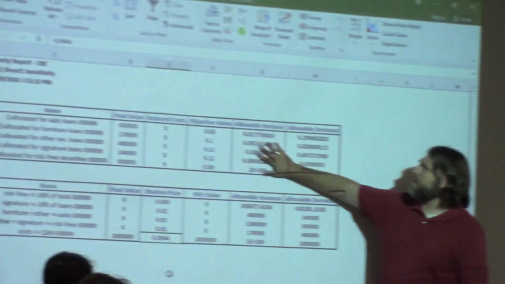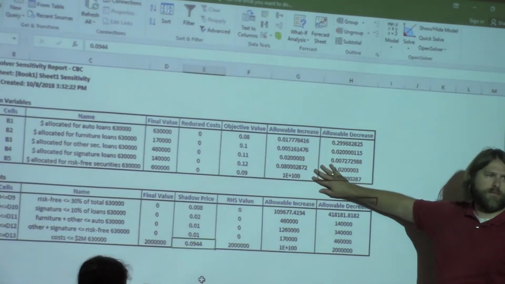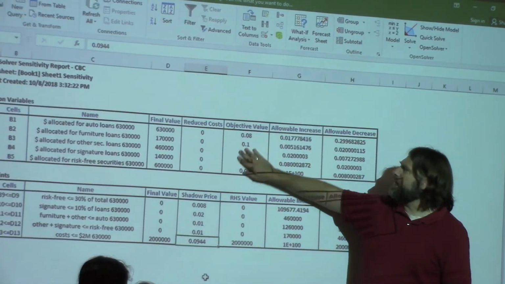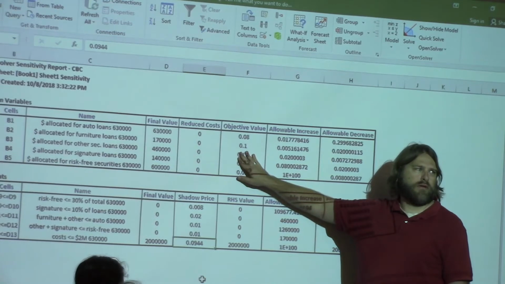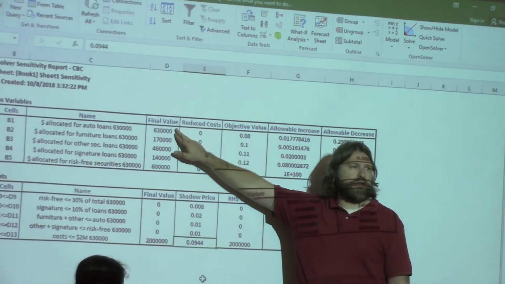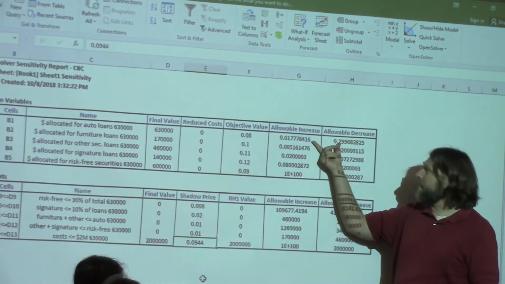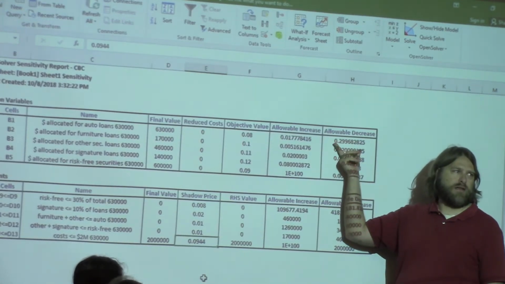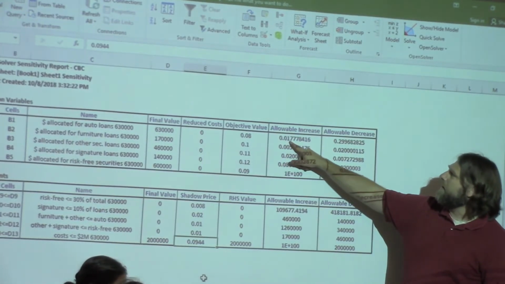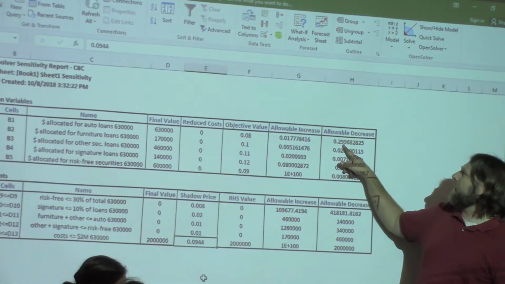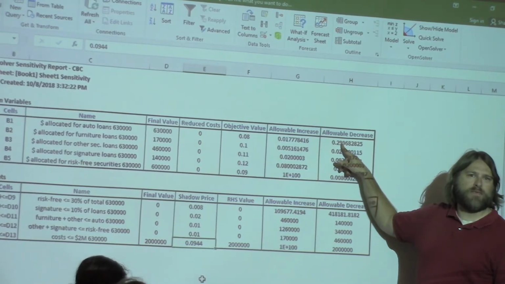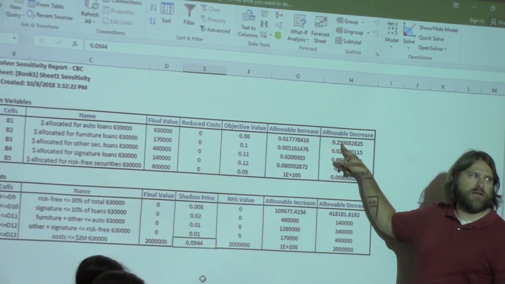Okay, what do these numbers represent? Let's back up. What do these numbers represent? The rate of return for each one of these loan types, right? So if the auto loans rate is between 1.8 and 29.9%, we're going to get the exact same allocation strategy.